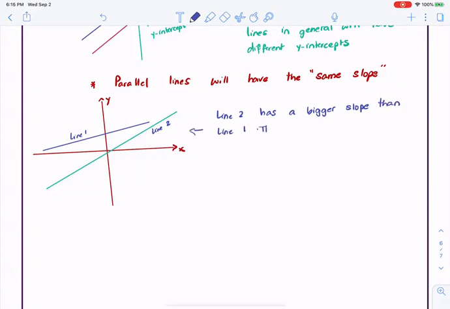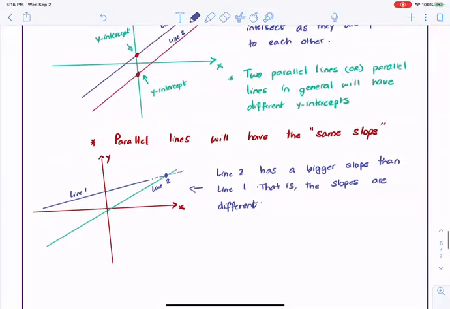In other words, the slopes are different. So clearly, if the line extends, you can see that at some point it is going to intersect right over there. So parallel lines must have the same slope, otherwise the lines cannot be parallel to each other. So anytime we look at parallel lines, we have to keep in mind that they could have different y-intercepts, but they must have the same slope.